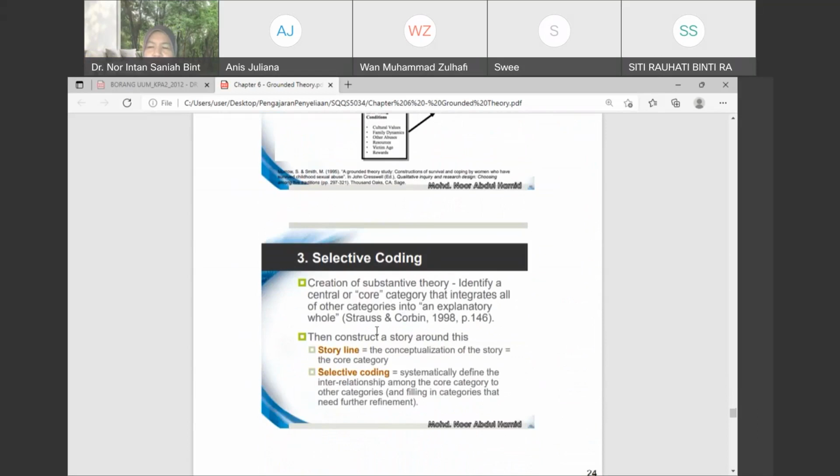Jadi as I promised tadi nak explain sampai 17 saja. I'm afraid that you are quite overwhelmed kan. So kalau you feel okay, alhamdulillah. Okay, ini semua untuk lebih on to wrap up lah. Okay, selective ni on to wrap up. Okay, wrap up what you have done.